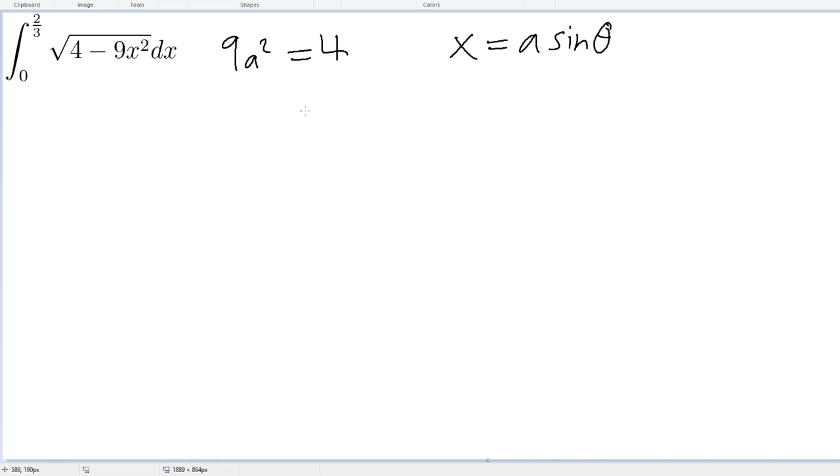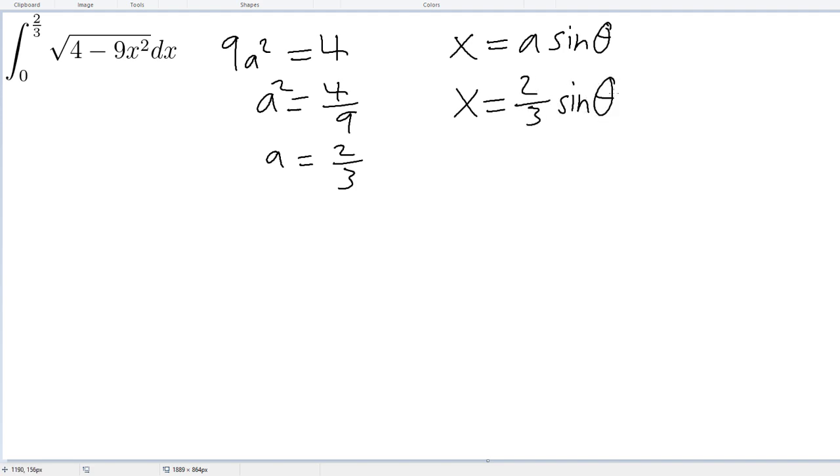Now this looks tricky, right? Because you can't factor 4 and 9. But if you get a rational number, it's going to be okay. So this is the square root of 4 over 9, which is 2/3. It'll be okay. So x equals 2/3 sine theta. There's nothing wrong with that, as long as we're getting rid of the square root.